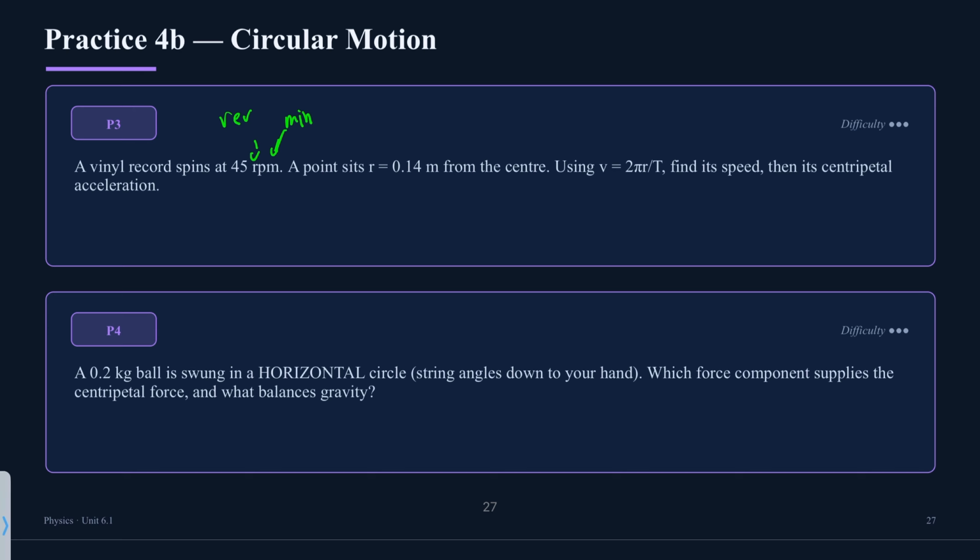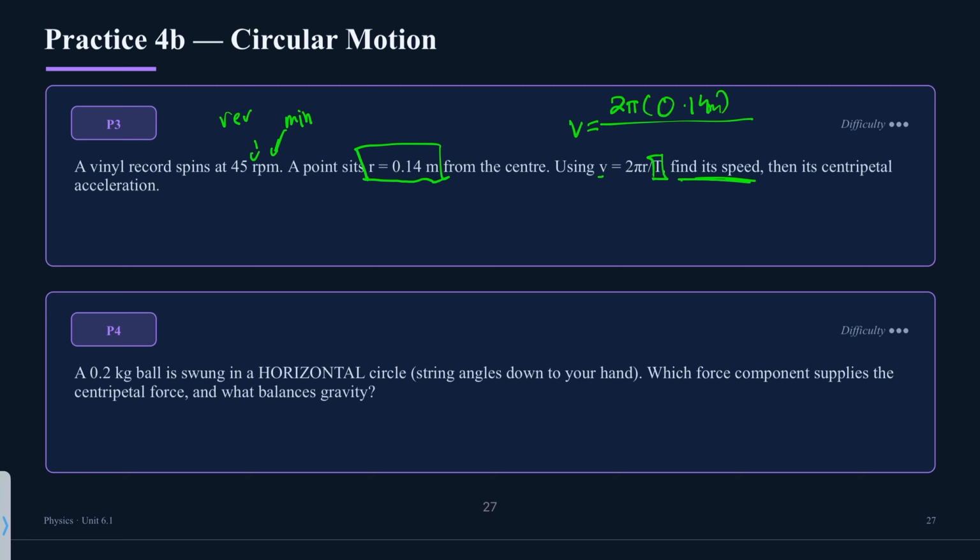Okay, so v here, which is our speed, is equal to, velocity in this case is speed, right? Because we're not looking at direction. 2 pi r, and r is 0.14 meters. They just gave us the radius. That over our period, which is how long it takes for something, right?